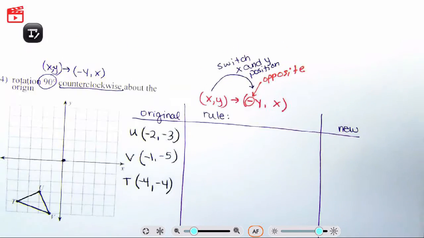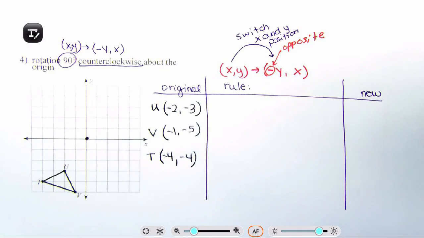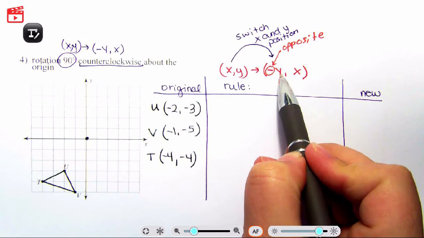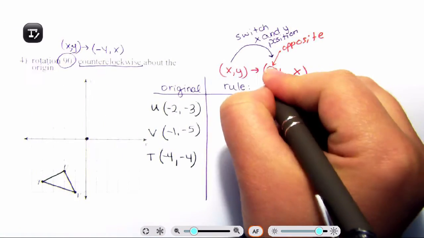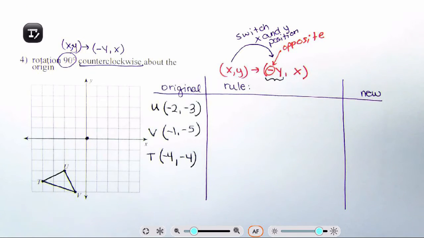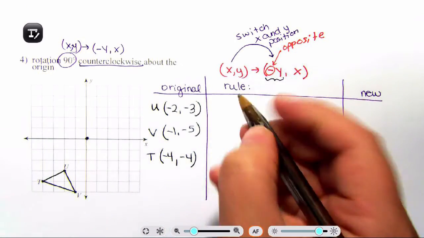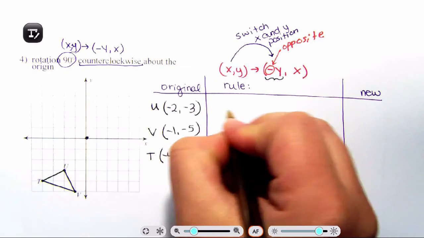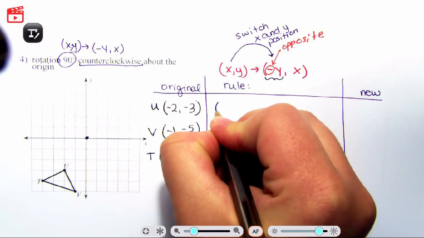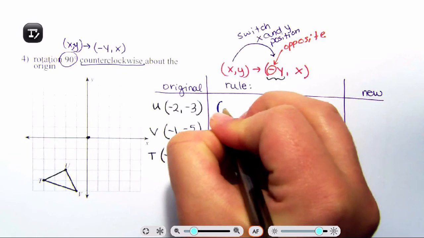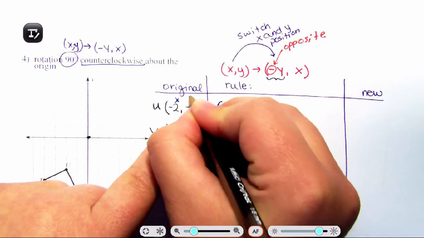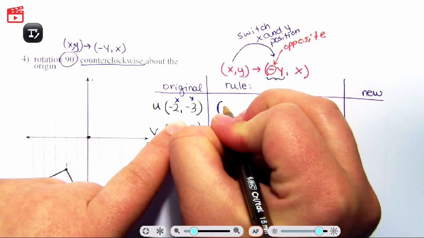So what happens with our rule? Our rule tells us to switch the x and y position. If you look here, the x and y are switched. And make this new y opposite. So you're going to do two things at the same time. Let's switch x and y first. So this is our original x, this is y. So I have -3, so this is what's going to happen.